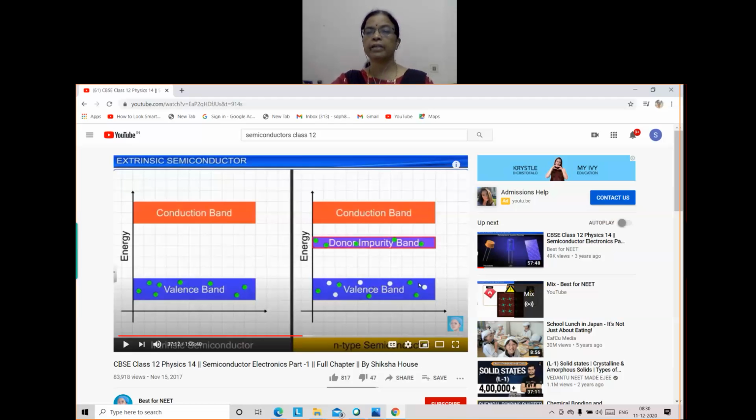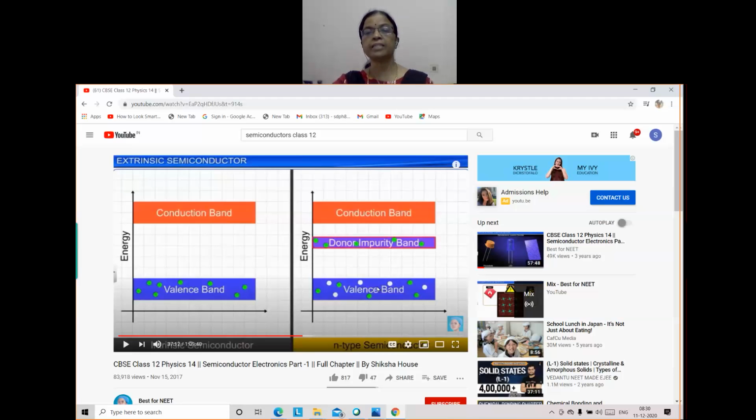So what are the things we have studied in an n-type semiconductor? In an n-type semiconductor, electrons are the majority charge carriers. And how is an n-type semiconductor made? By adding a pentavalent impurity. Which are the pentavalent impurities? Phosphorus, antimony, bismuth, etc. When a pentavalent impurity is added, out of the 5 valence electrons, 4 make covalent bonds with the neighboring silicon or germanium atoms. 1 electron is freed.